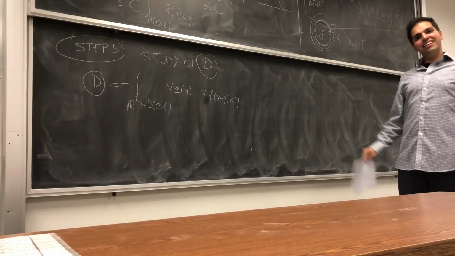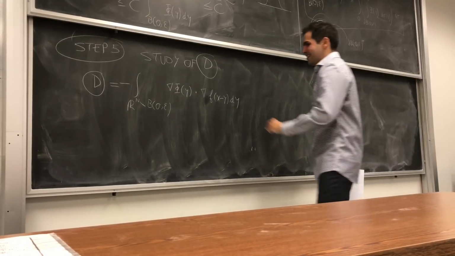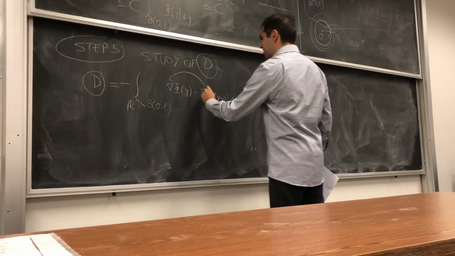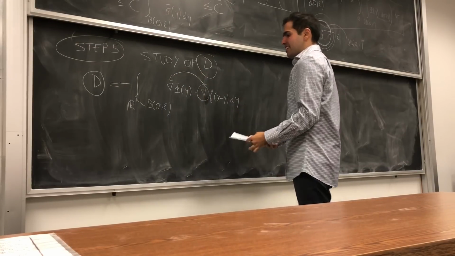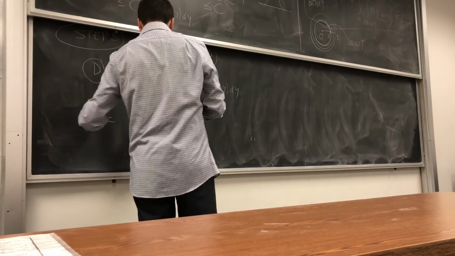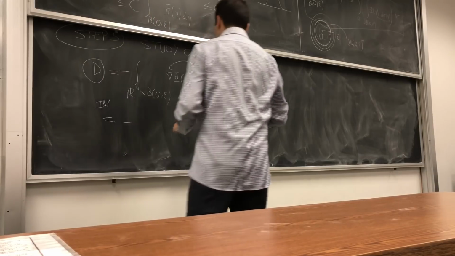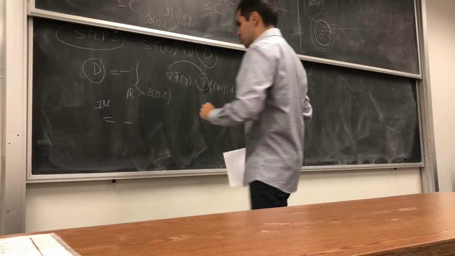And the cool thing is, once we've integrated by parts once, we can integrate by parts twice. So let's integrate by parts again. So this gradient goes up, and you're left with integrate by parts. Here, sort of in the reverse order.